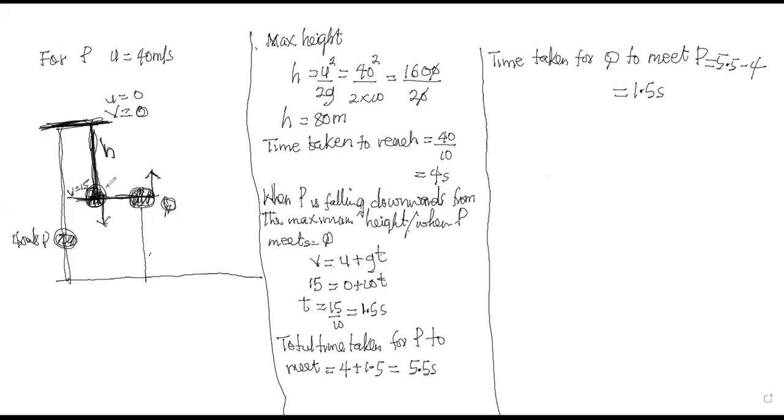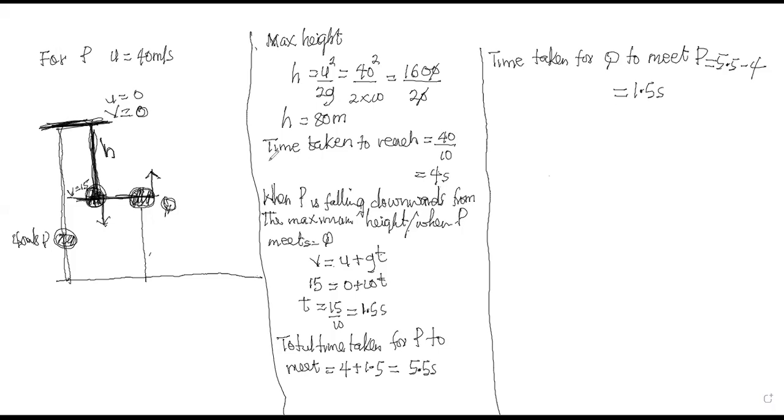When we determine H, then we can determine the requirements of question 1, which says find where the two particles meet, if at the point of meeting P has a velocity of 15 meters per second.